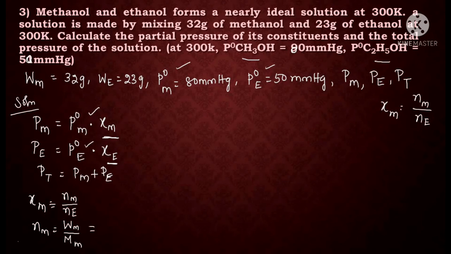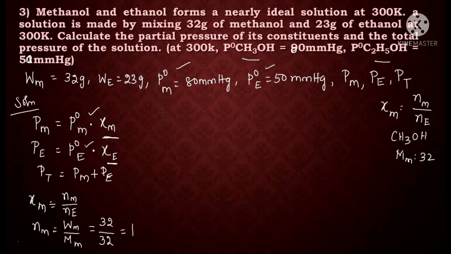It is 32, right? What is the molecular mass of methanol? That we want to find out. What is the formula for methanol? CH3OH. So by summing up the atomic mass of all these elements, it is possible to calculate the molecular mass of methanol, that is 32. Okay, so again here we want to substitute 32. So the Nm value is 1.